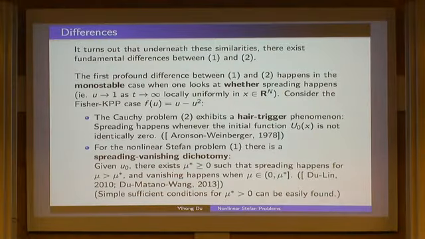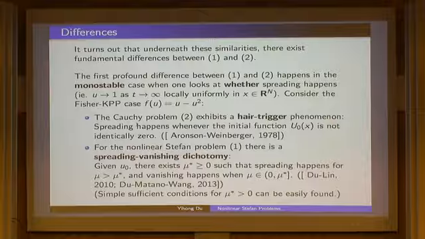Now let's look at the differences. The first difference arises when we look at whether spreading happens. If we consider the classical Fisher-KPP nonlinearity, that's a kind of monostable nonlinearity.